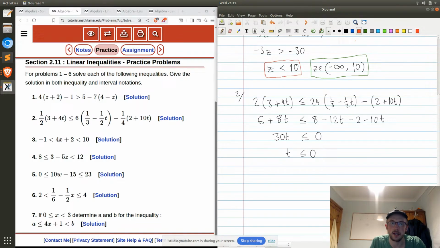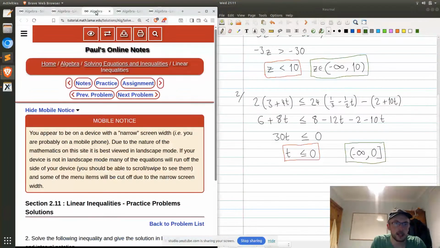And that there is inequality notation, but you also want interval notation. So what you should do is minus infinity on the left with a round bracket, and 0 with a square bracket on the right, because you have to include the 0. And we must check.